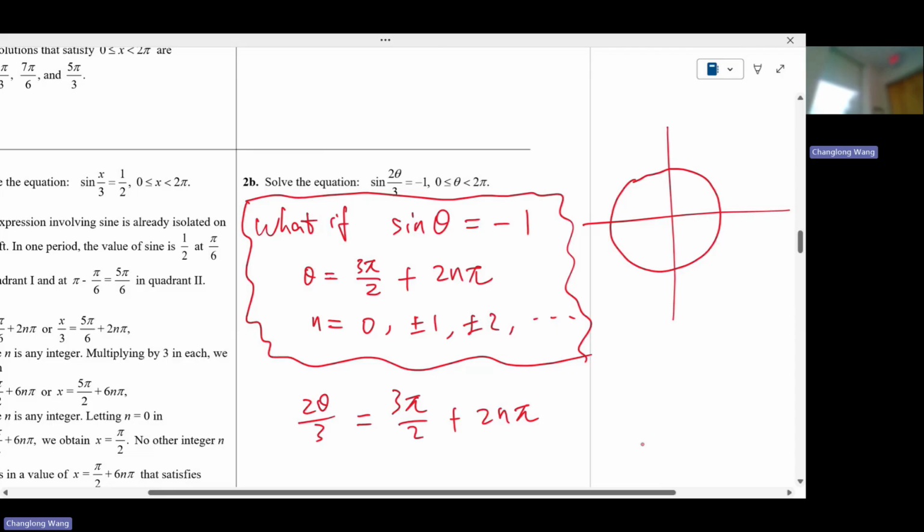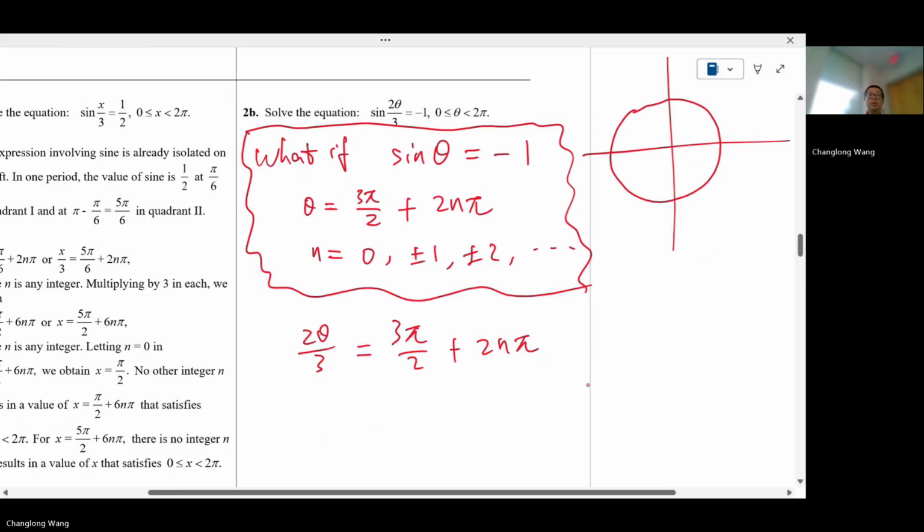But now if you're okay with that equation, ask yourself, what are you solving for from that equation? You don't want 2 theta over 3, right? You want theta by itself, right? How'd you get it from that equation I just wrote? Okay, so multiply by 3 across the board, right? I'll write it down.